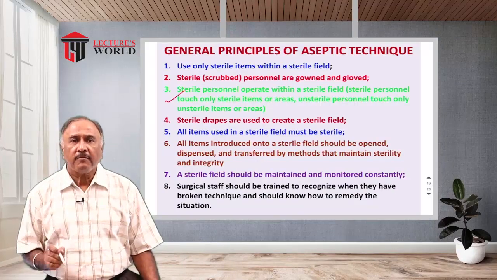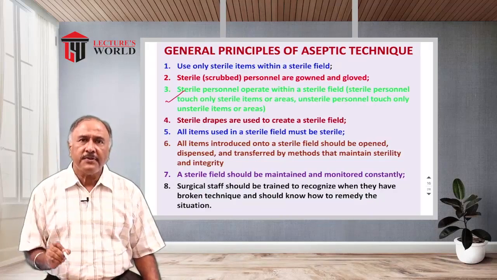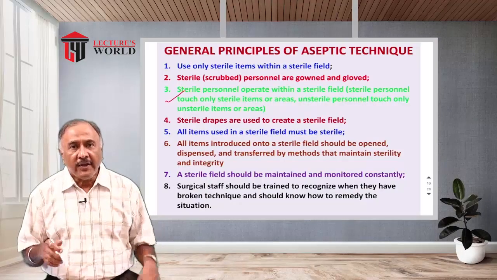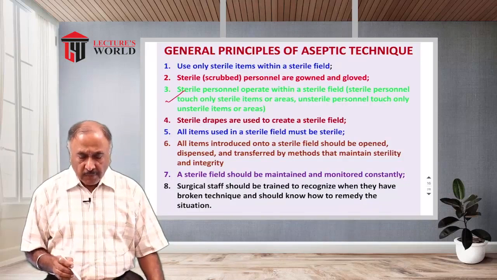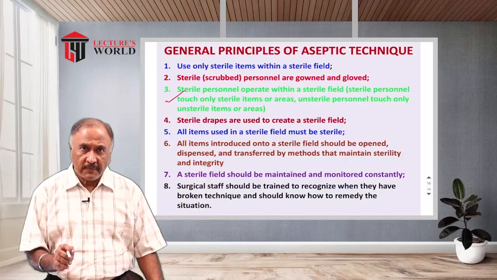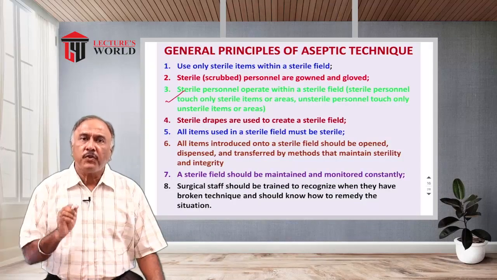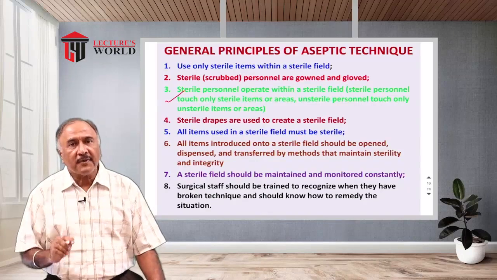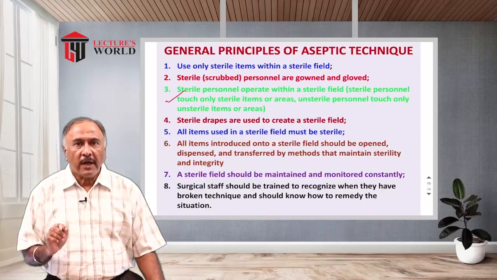It means that from the beginning to the end, all procedures which are being carried out in a sterile environment have to be aseptic. And these aseptic conditions have to be maintained throughout the process, because sometimes the process can be very long.